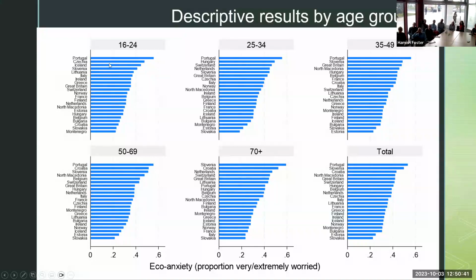That was the main thing I could spot. And again, in Italy, younger people seem to be more concerned, whereas older people don't seem to be as concerned.